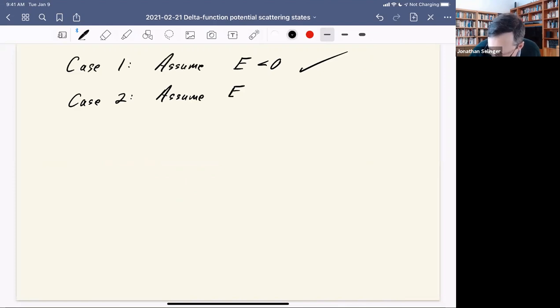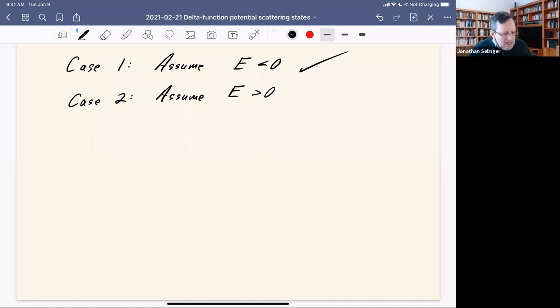Assume E is greater than 0. So we want to figure out what kinds of states can there be with a positive energy. So that's another whole calculation. Okay, I'm going to do part of the calculation right now, and then I'm going to take a break to talk about what is a scattering state anyway, and why do we use the word scattering? And then I'll go back and finish the calculation after that little break.